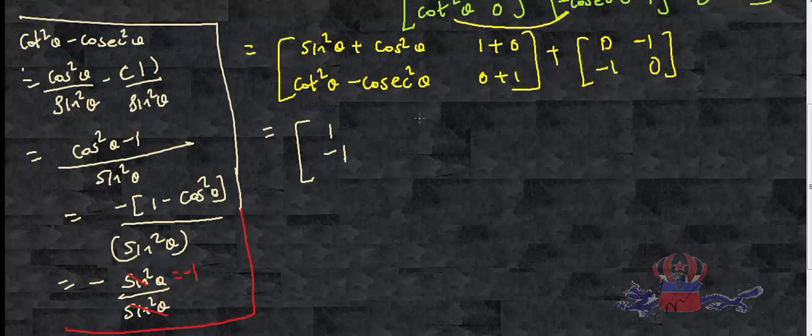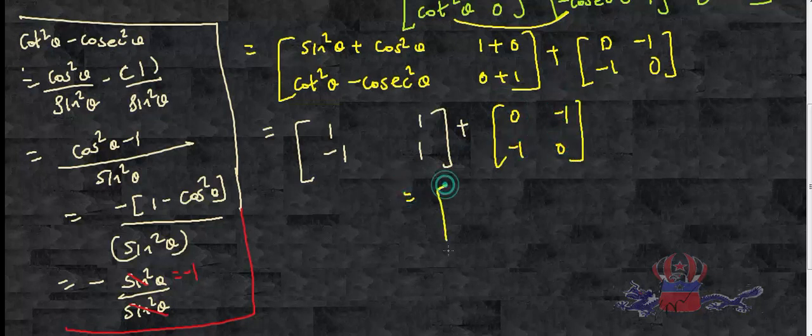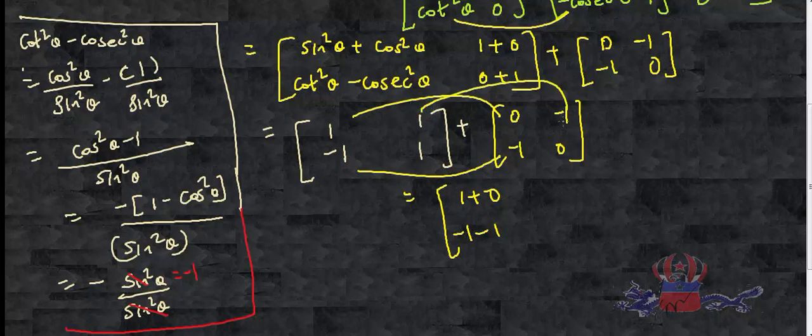Now 1 added with 0 would give me 1. 0 added with 1 would give me 1. That has to be added with [0, -1; -1, 0], which in turn would give me 1 added with 0, -1 added with -1, 1 added with -1, and 1 added with 0.